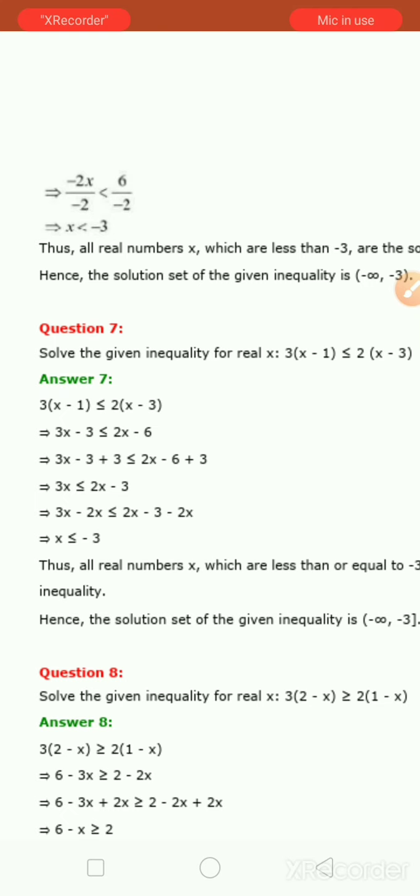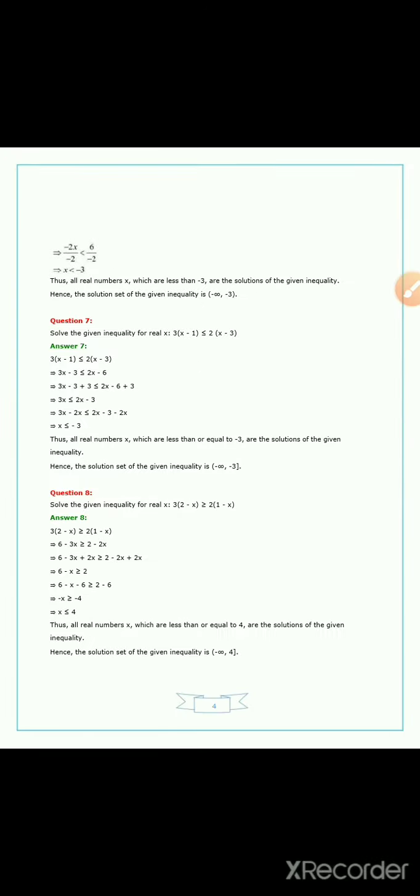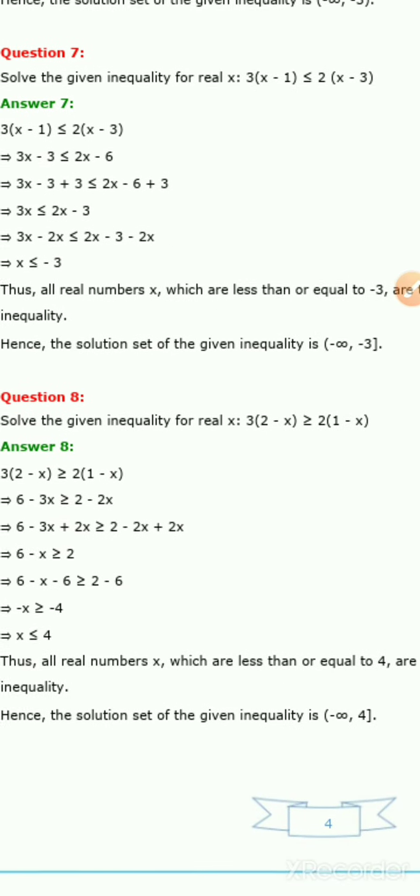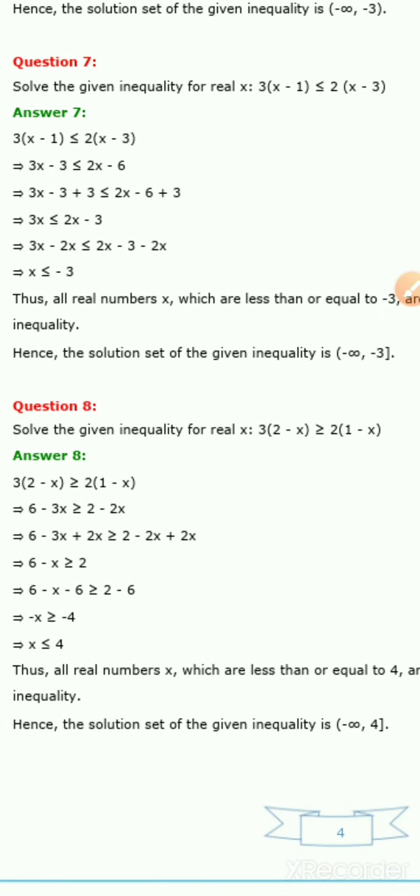So 6 minus 2, that is 4, is greater than or equal to 2, right? Then that is minus x is greater than or equals minus 4. You can observe here, if there is a minus symbol over there, for example, right?